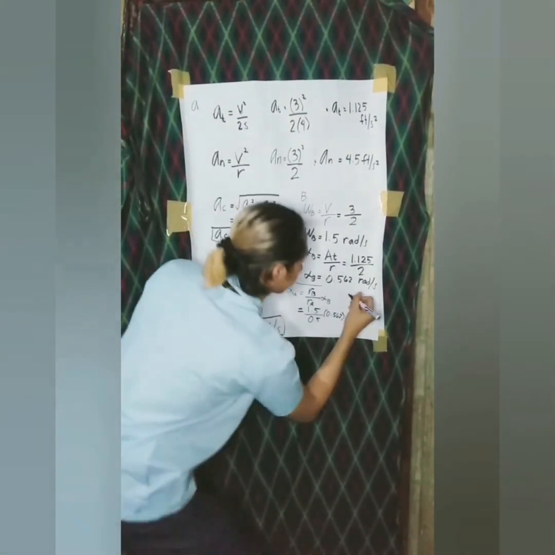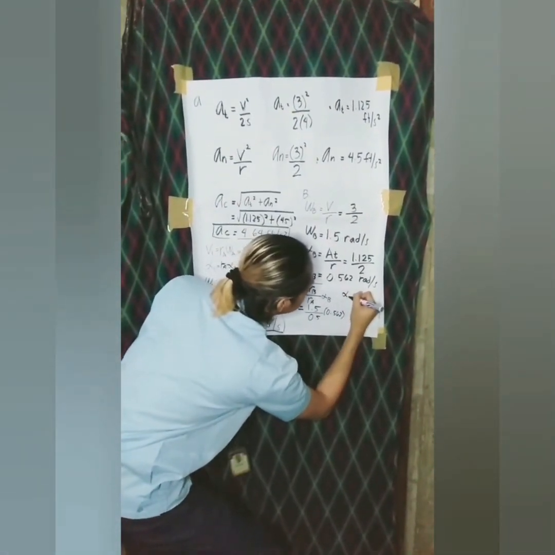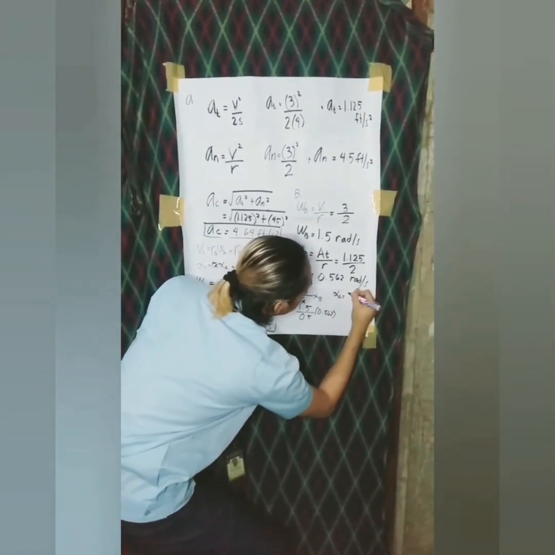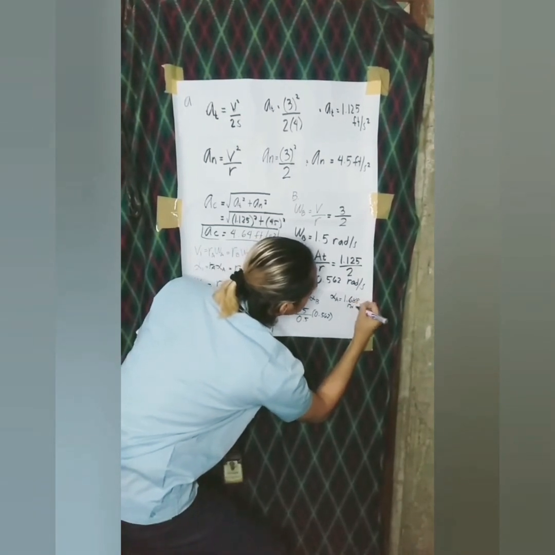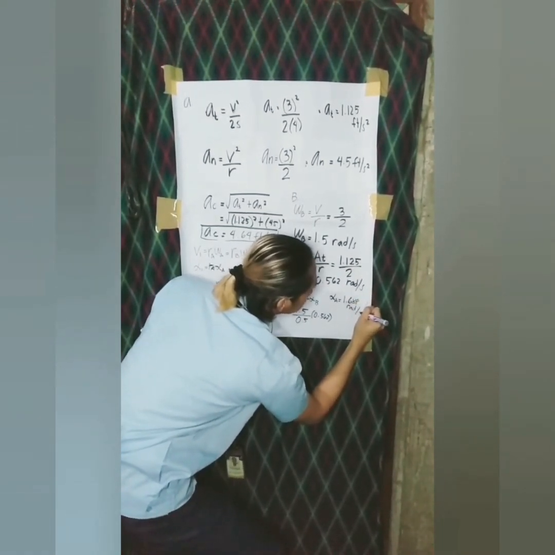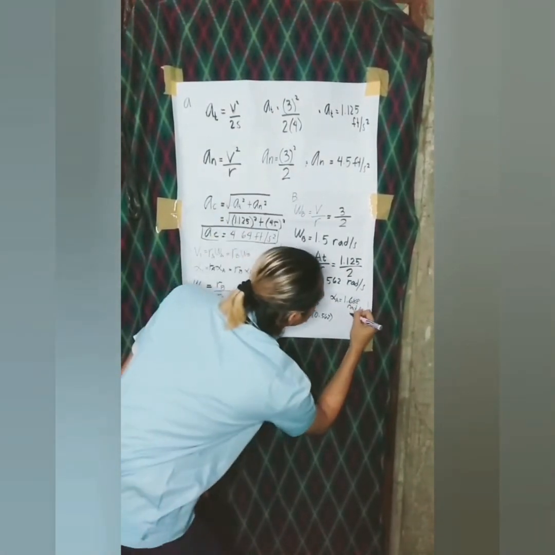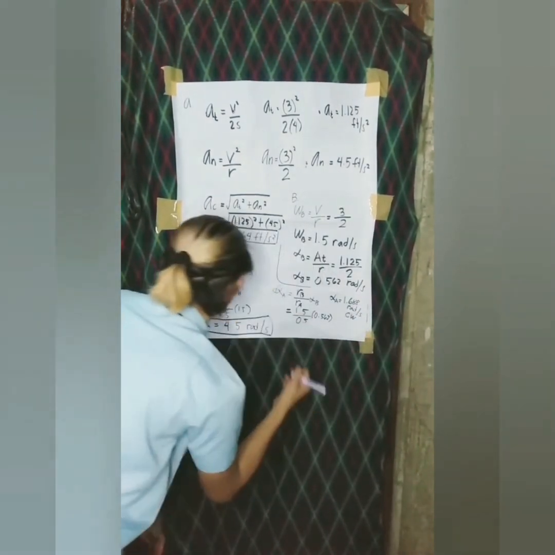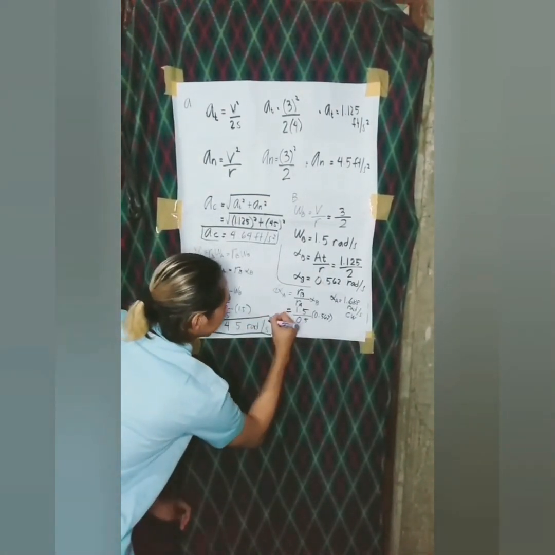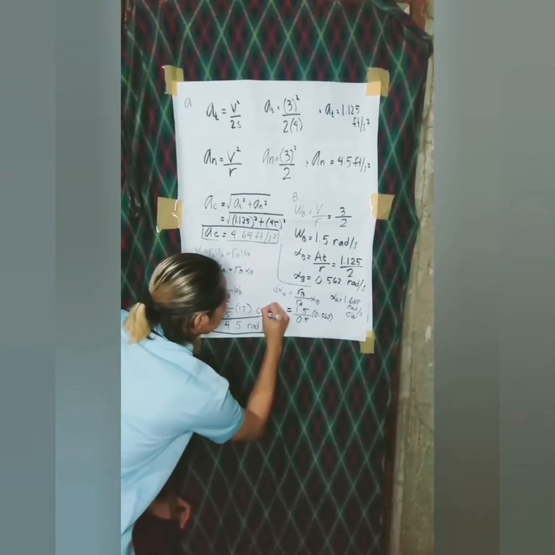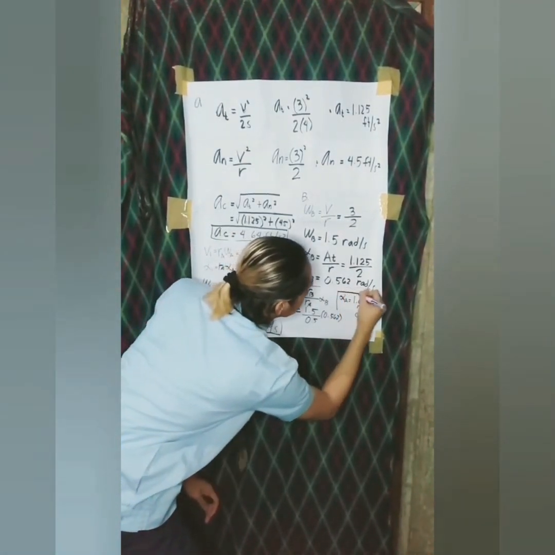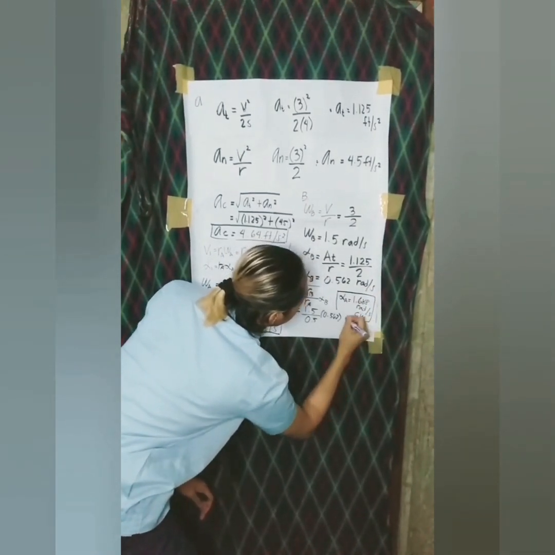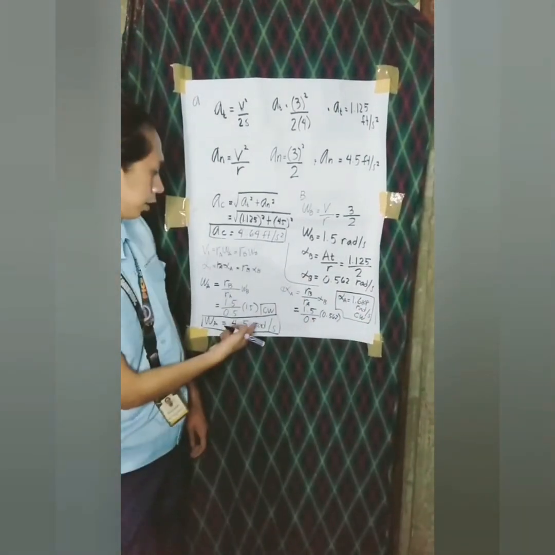The angular acceleration of A is equal to 1.688 rad per second squared. Then this is clockwise, and this is also clockwise. And this is the final answer for letter B.